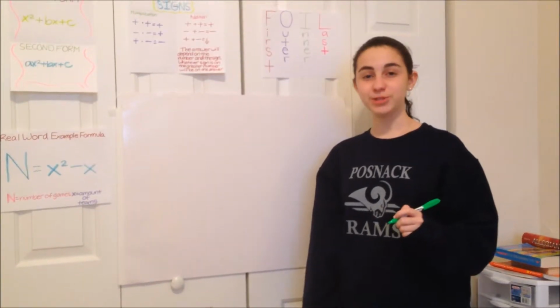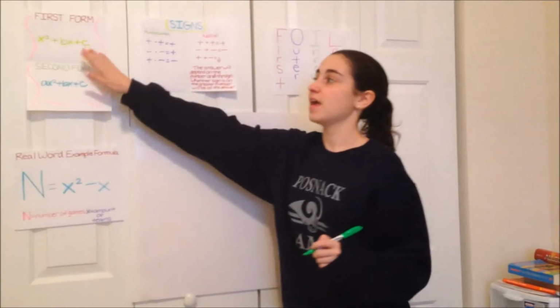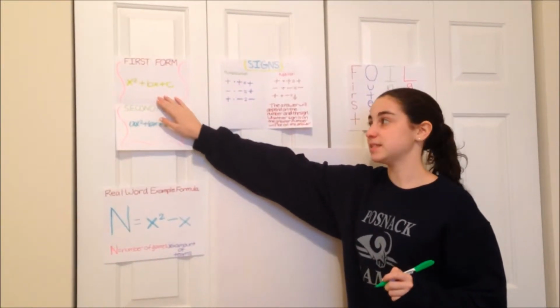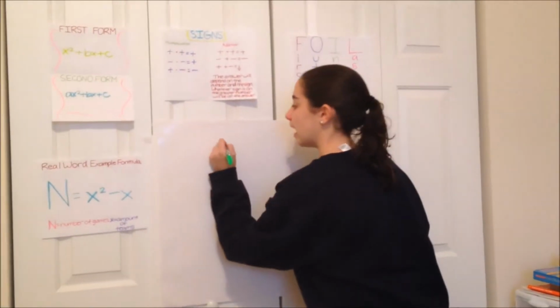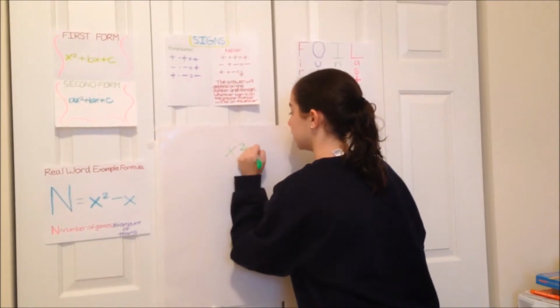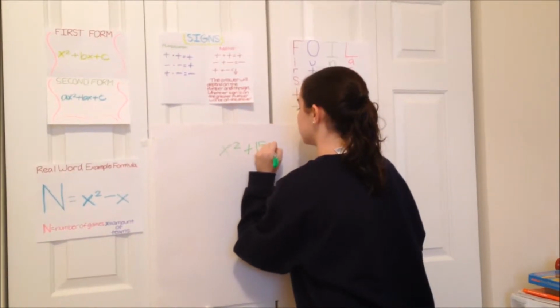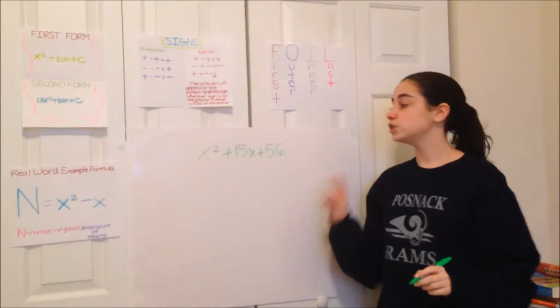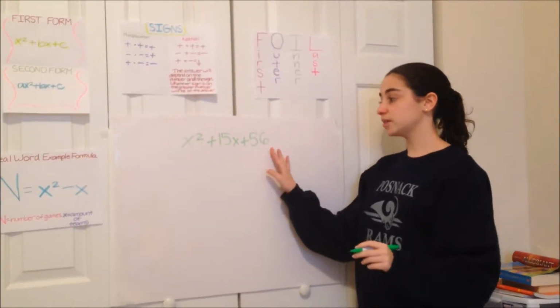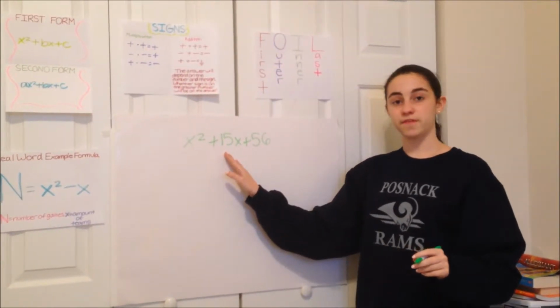The first form that I will show you how to factor today is x squared plus bx plus c. To demonstrate this, I will be using the problem x squared plus 15x plus 56. The first step is to find two numbers that have the product of 56 and the sum of 15.